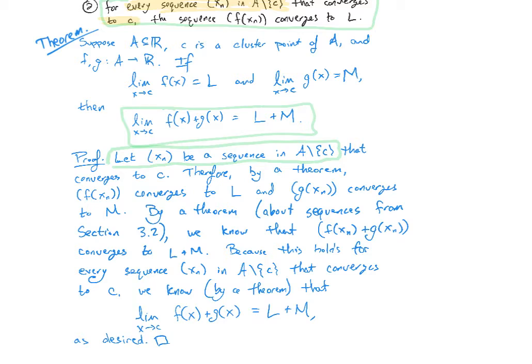So just to make sure I'm following this, what we've done is we know that if you take a sequence that equals the sum of those two sequences, f of xn and g of xn, they converge, and then we're using our stated theorem that because any sequence of f of x plus g of x converges to L plus M, then the function f of x plus g of x converges to L plus M. Am I following that correctly?